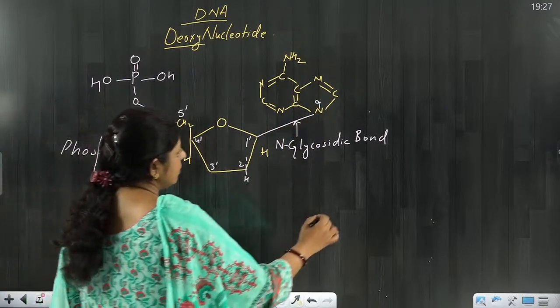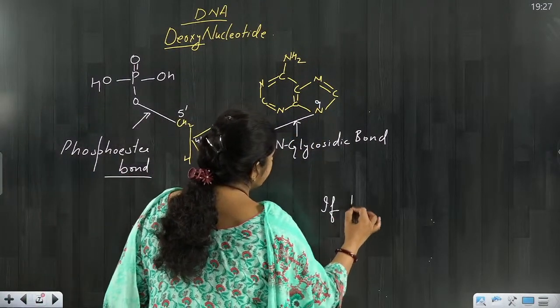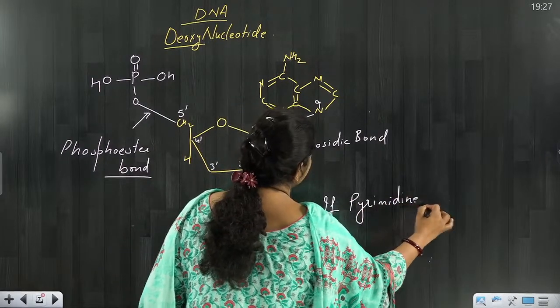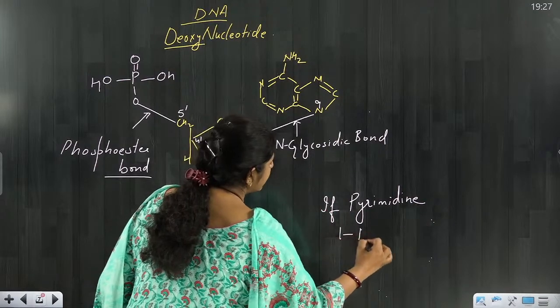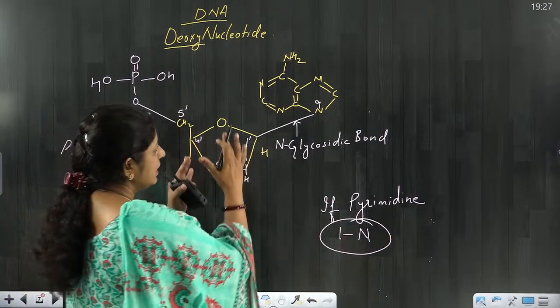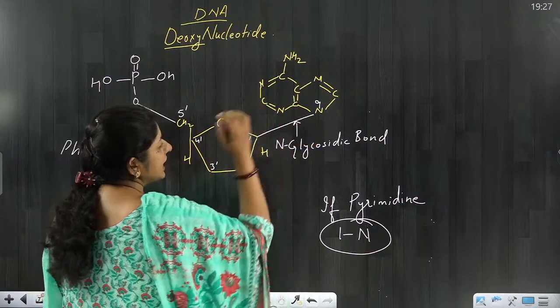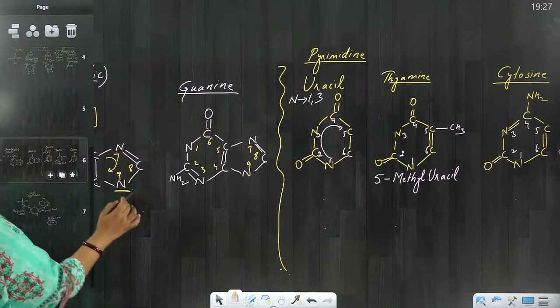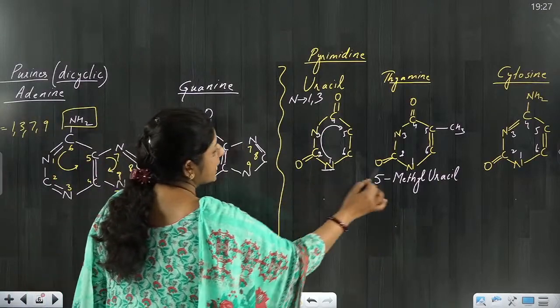If it is pyrimidine, then the bonding will be at nitrogen number 1, right? If it is a purine, then bonding at the 9th nitrogen. If it is pyrimidine, it is going to bind here.